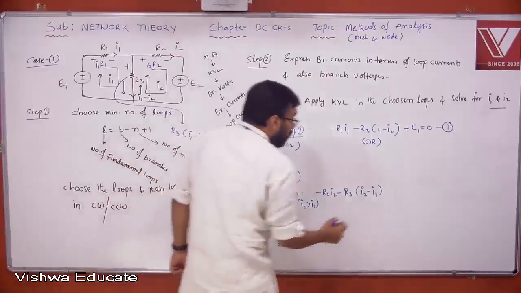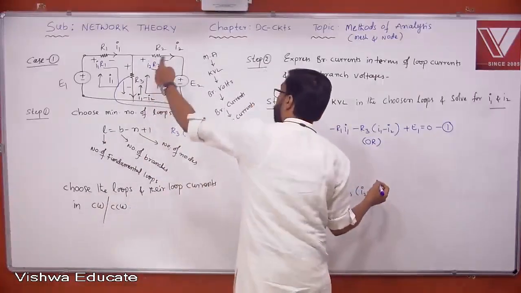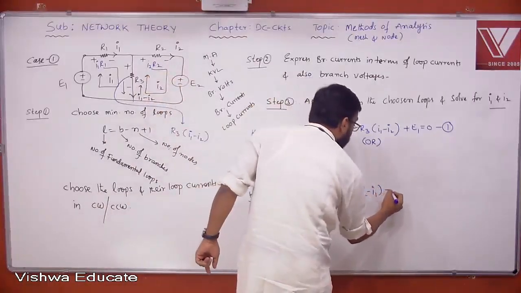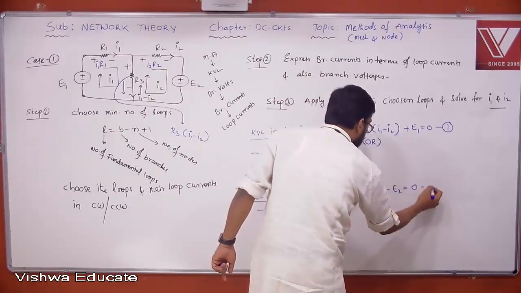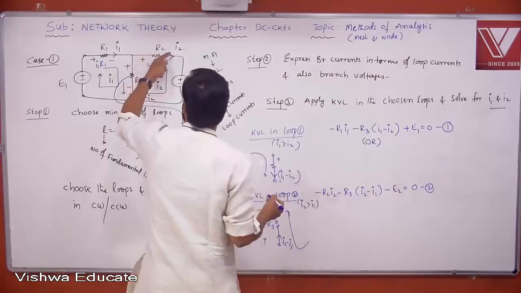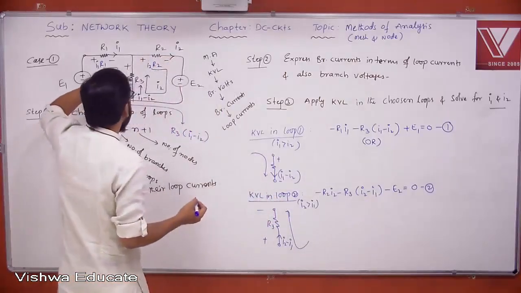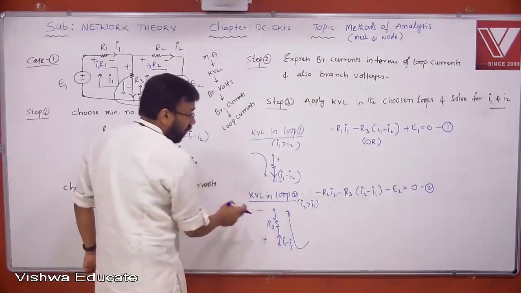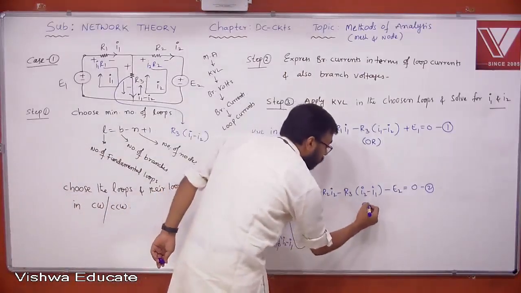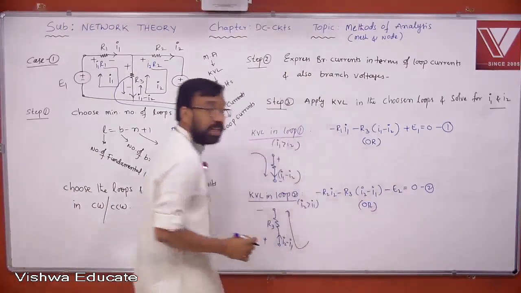Now what about this? Writing minus E2 is equal to 0. Second equation: minus R2 I2 minus E2 minus R3 into I2 minus I1. I have given a clear explanation here and left one space for writing the inspection. Understand, all of you? Okay.